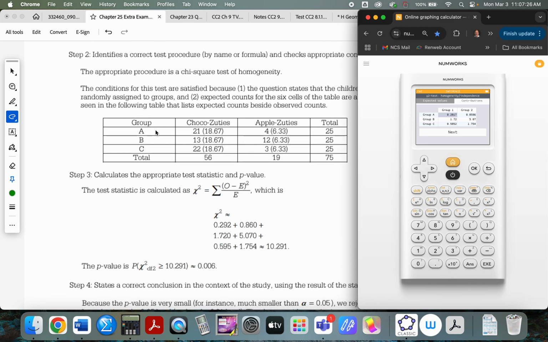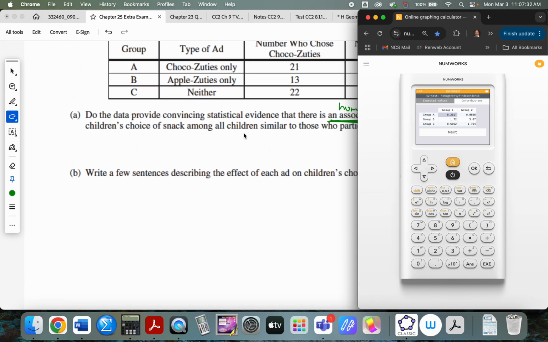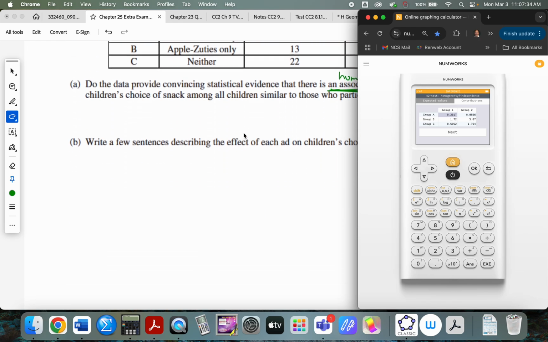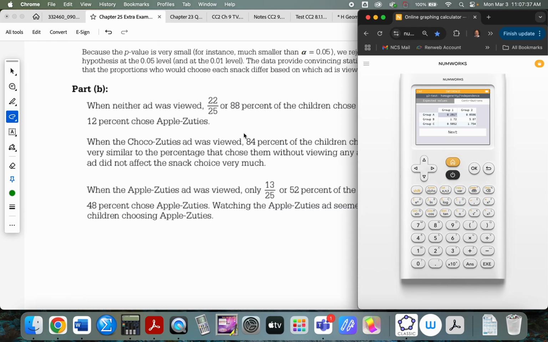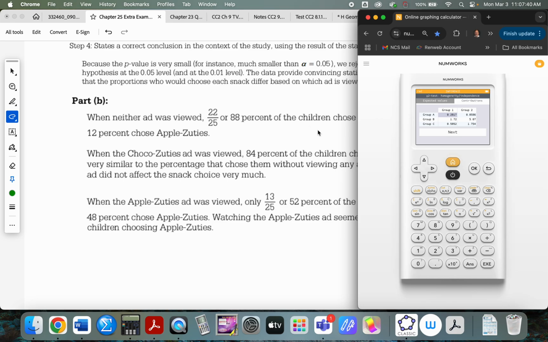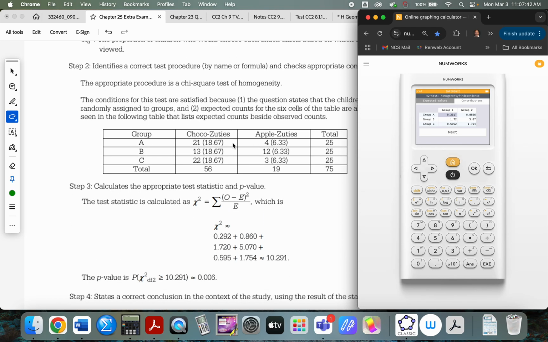So for part A, in Group A, they watched the Choco Zooties ad. So 21 divided by 25, right? To find those who watched Choco Zooties and chose Choco Zooties. Right. So it was close to the expected. So when they watched the Choco Zooties ad, the number who chose Choco Zooties was close to the expected number, both for how many picked Apple Zooties and how many picked Choco Zooties.